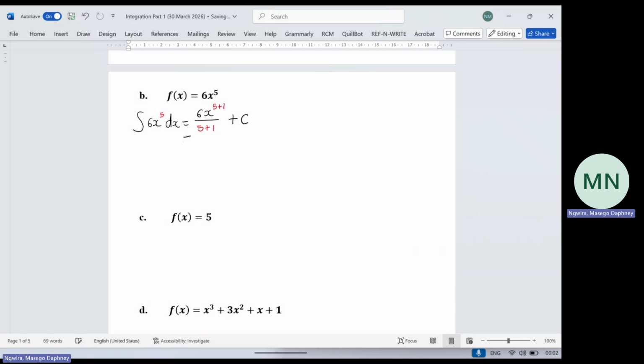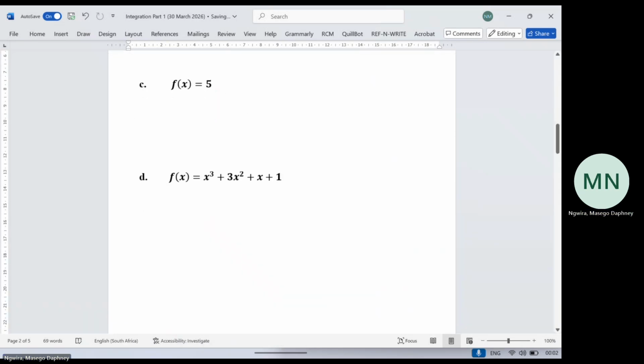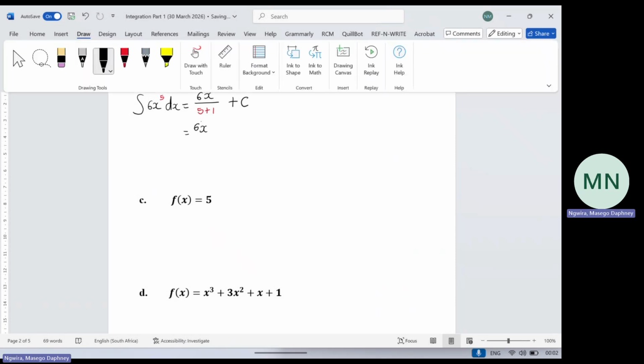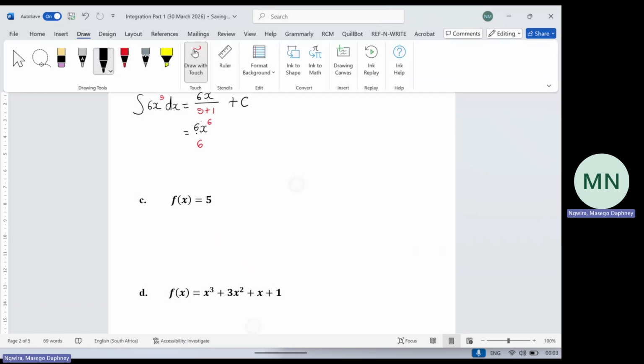So this will be equal to 6, then x to the power of 5 plus 1, which is 6, over 5 plus 1, which is 6.